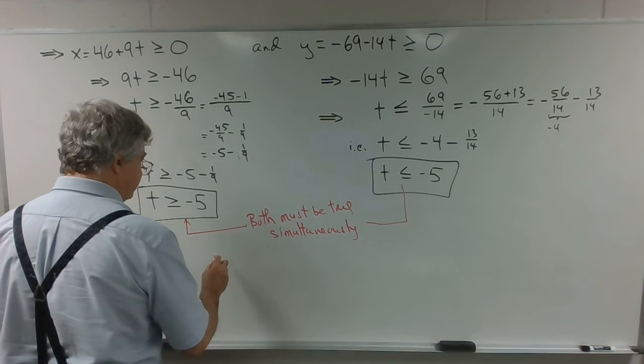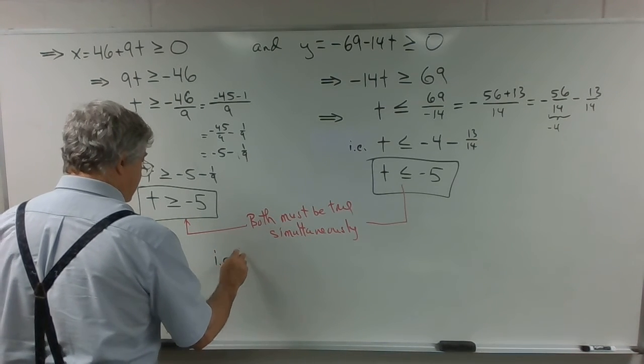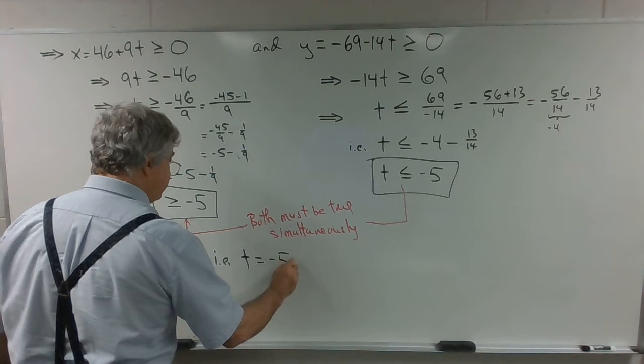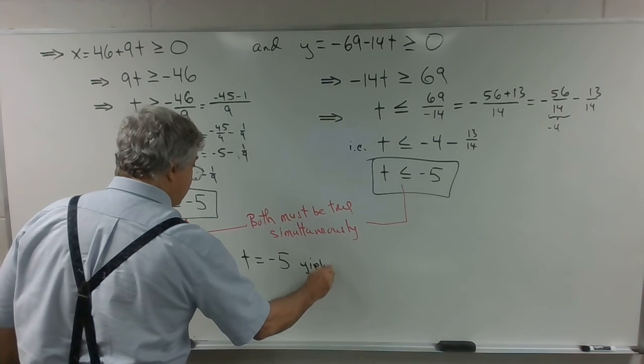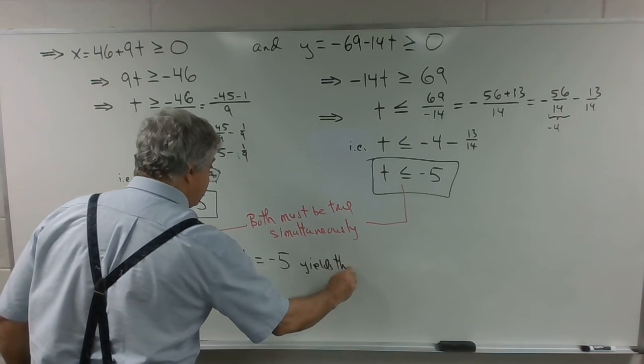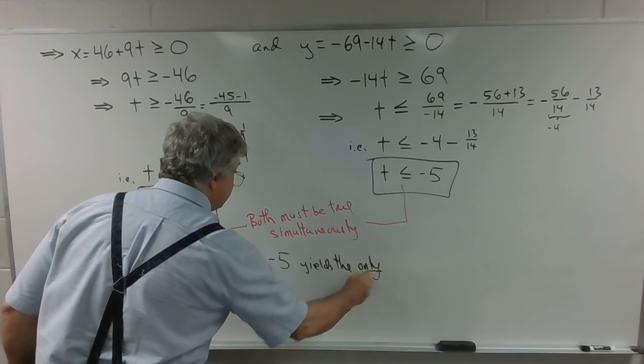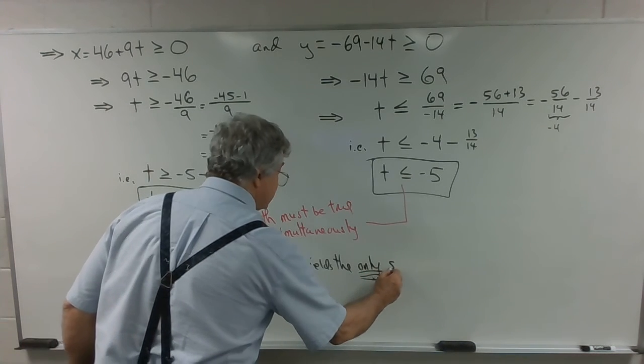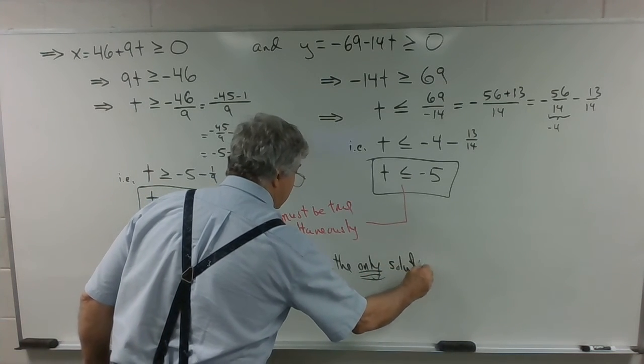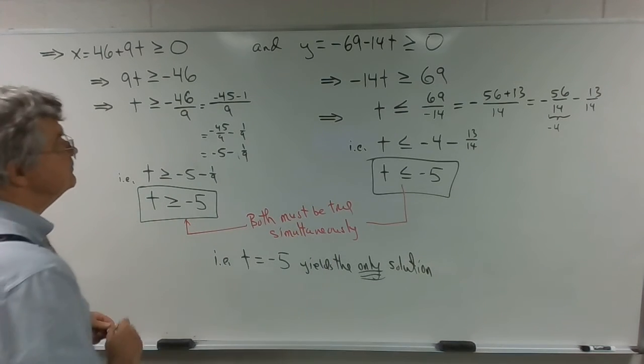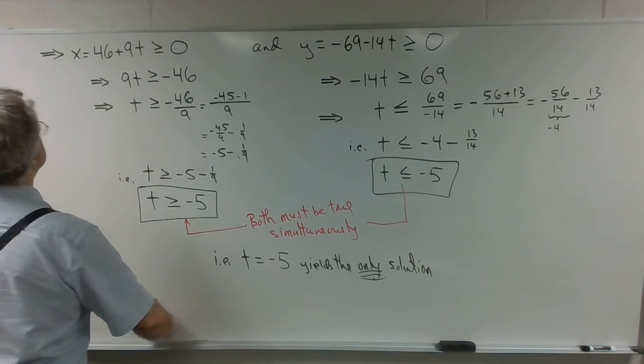Can you believe this? T equals negative 5 yields the only solution. Son of a gun.